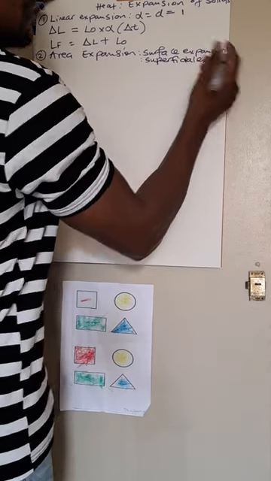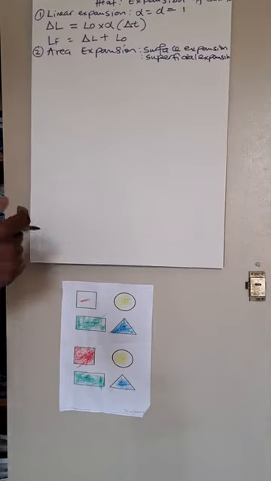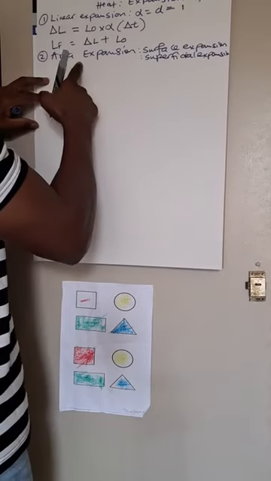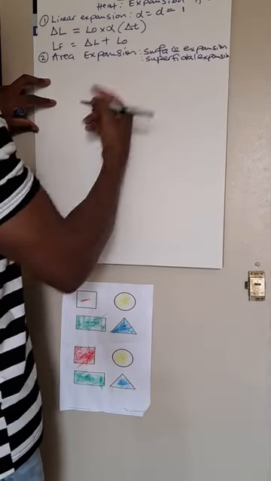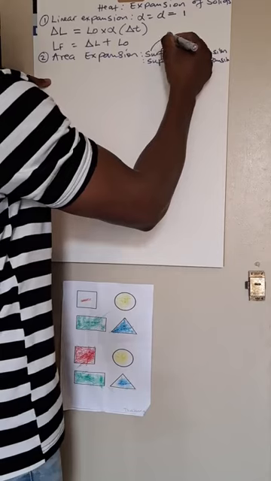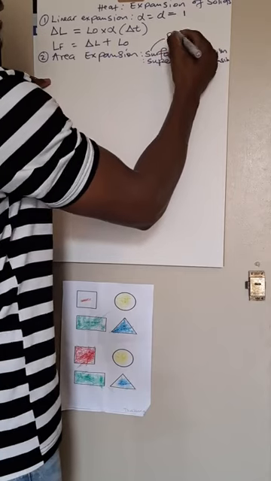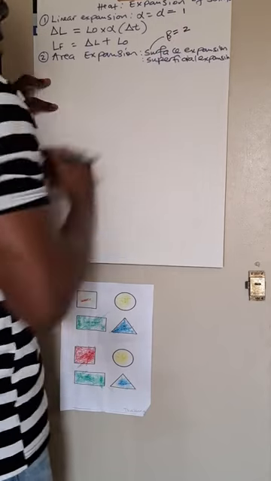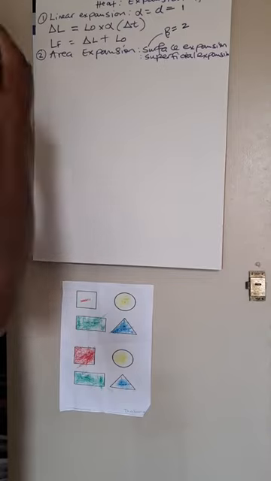So these three terms mean one and the same thing. Area, surface or superficial expansion is denoted by the symbol beta, and our constant ratio for beta is 2.